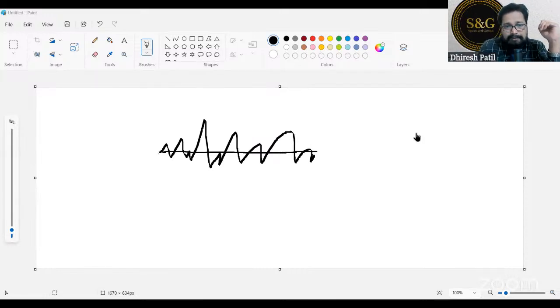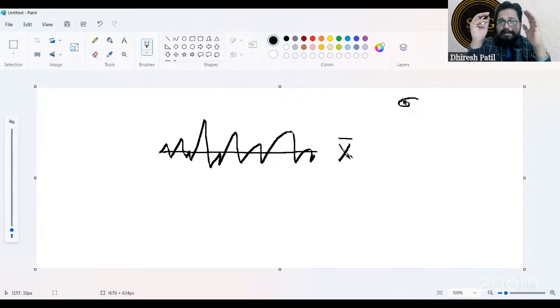For example, if this is the variation, if I collect the data and take the average, let's say this is the X bar average. Average is denoted by X bar, okay? And this variation is measured by standard deviation, which is denoted by sigma. Sigma is standard deviation, which is a measure of variation, variability.